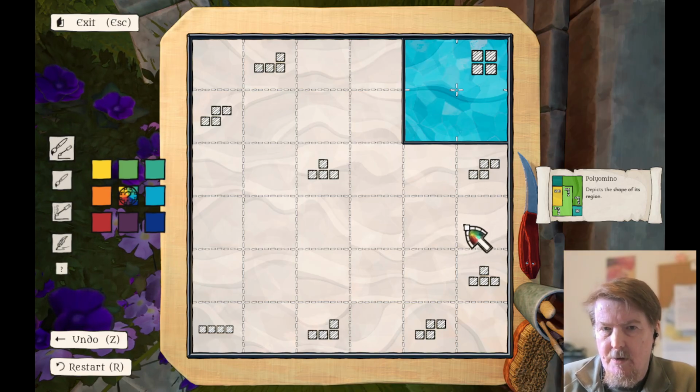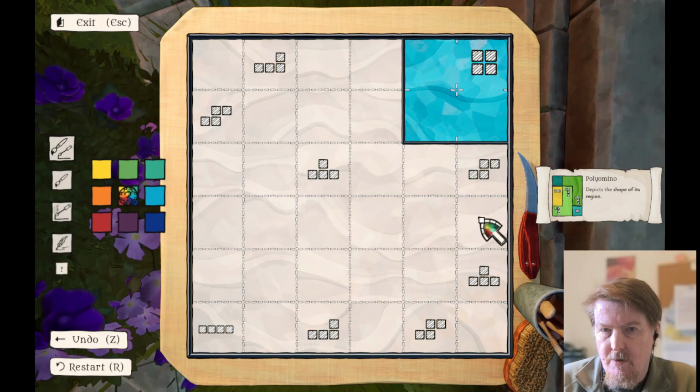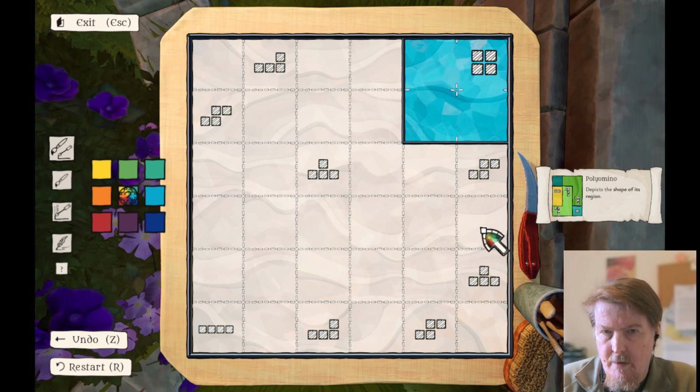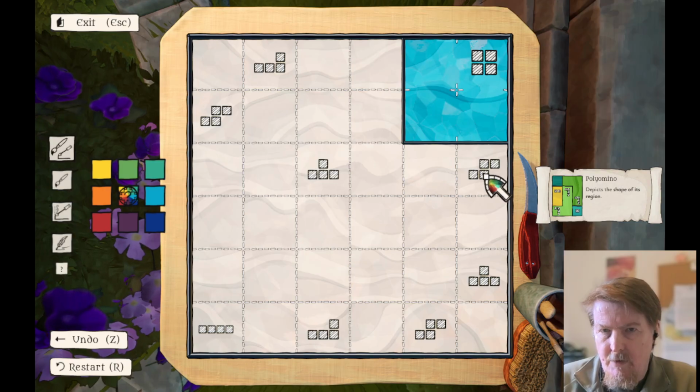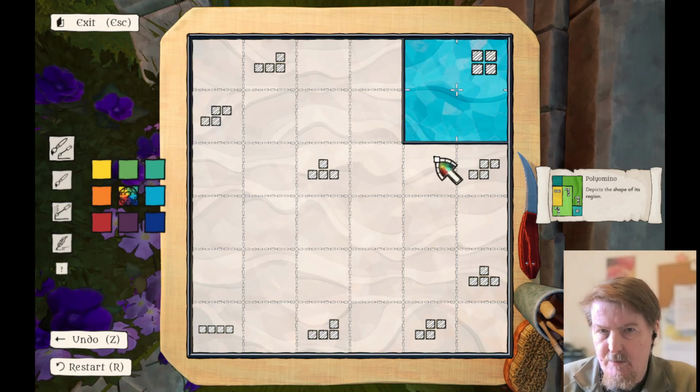That will go down or across. It goes down that way, it blocks this off. So I think it has to come out.